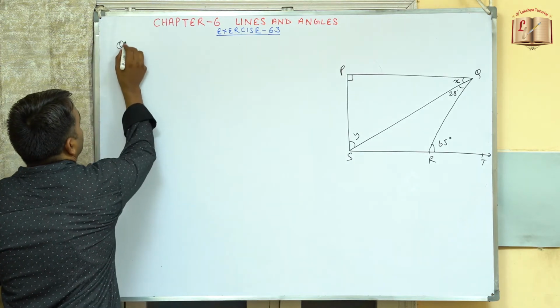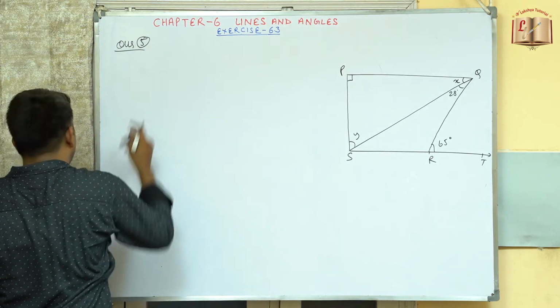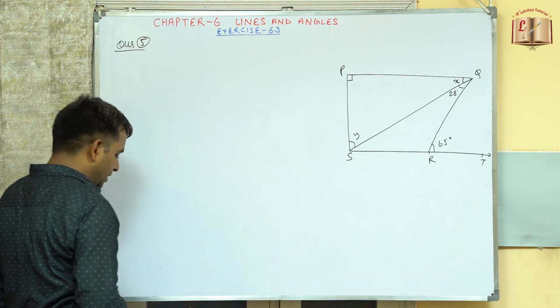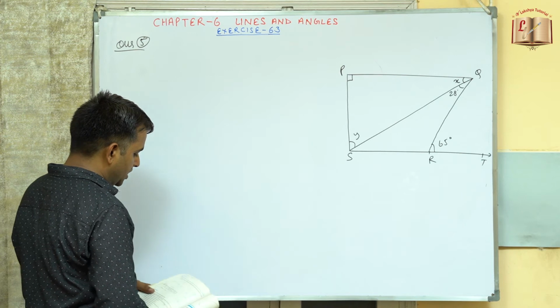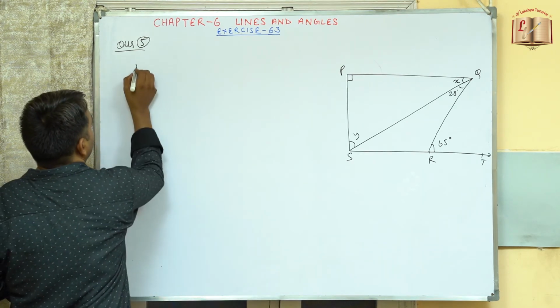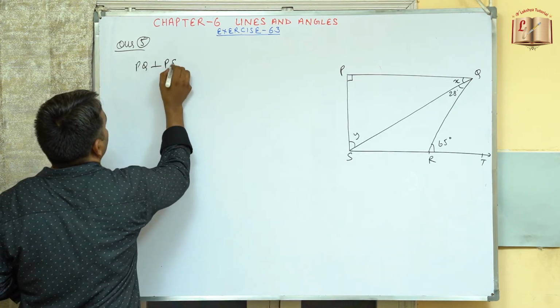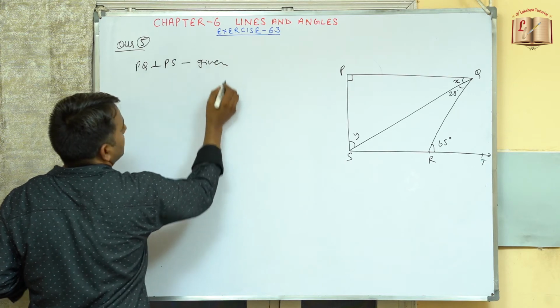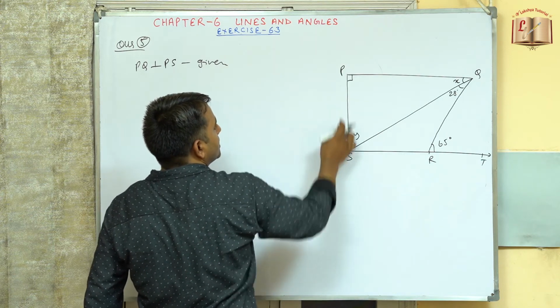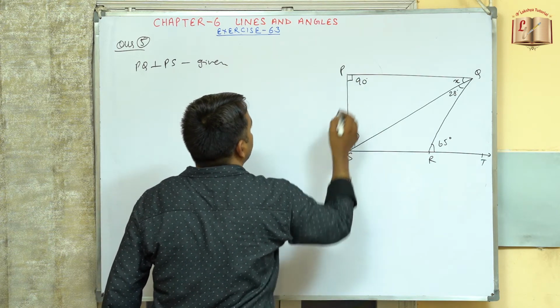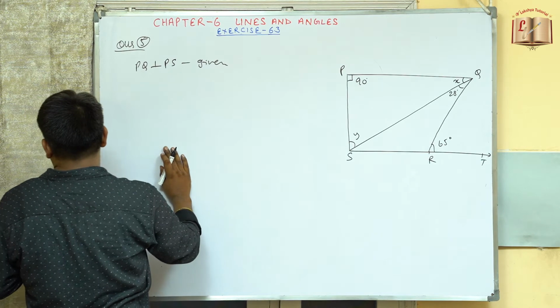Now coming to question number 5. It is given that in figure 6.43, PQ is perpendicular to PS, so this is 90 degrees.